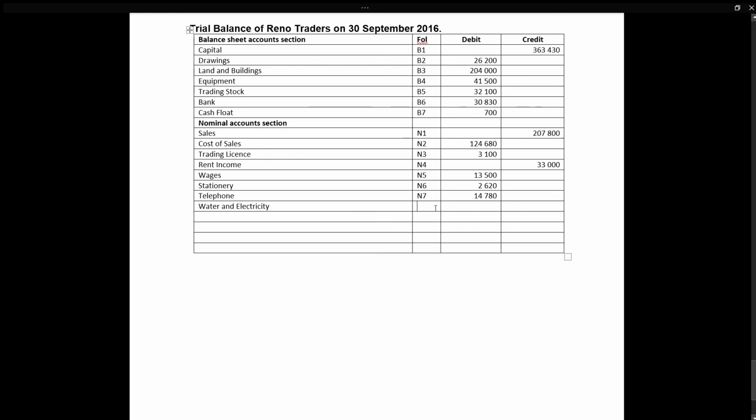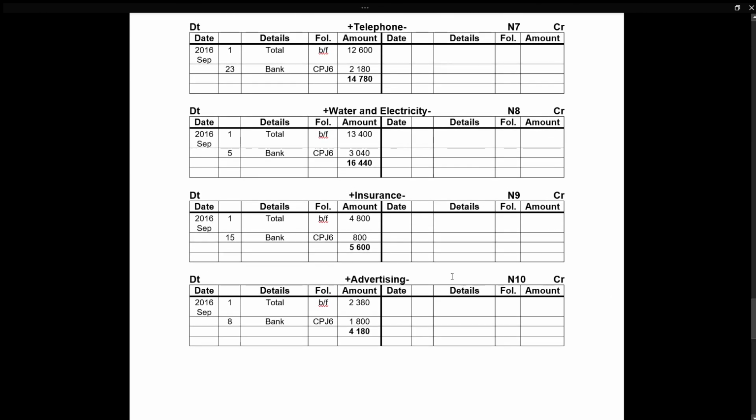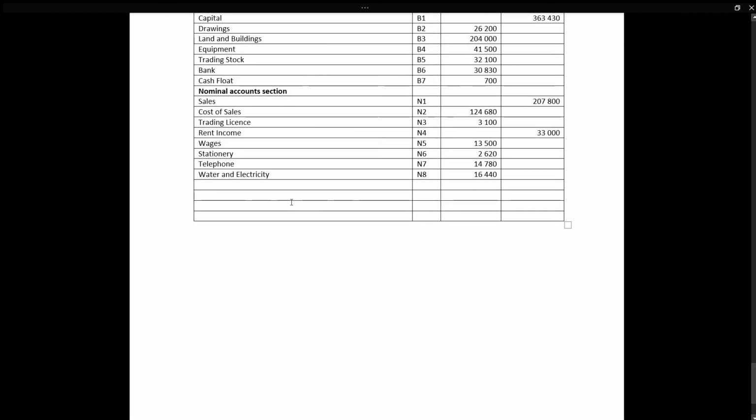Water and electricity N8. 16,440 Rand. Let's go and find N9. Was insurance 5,600 Rand. N9, 5,600 Rand.